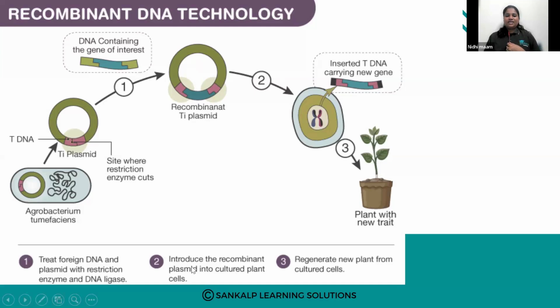The second step is to introduce the recombinant plasmid into a cultured plant cell, with the inserted DNA carrying the new gene. The next one is to regenerate the plant from the new cell. So this is how the diagram of recombinant DNA looks. This also you can use.